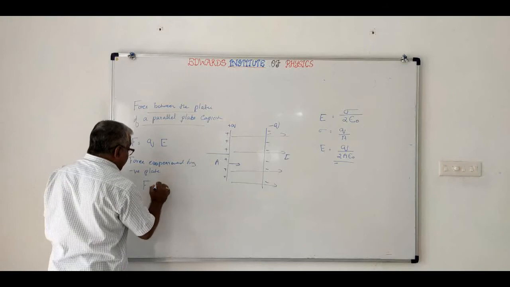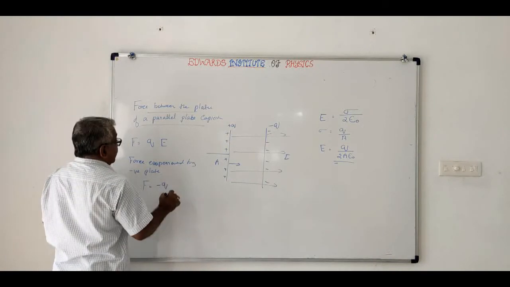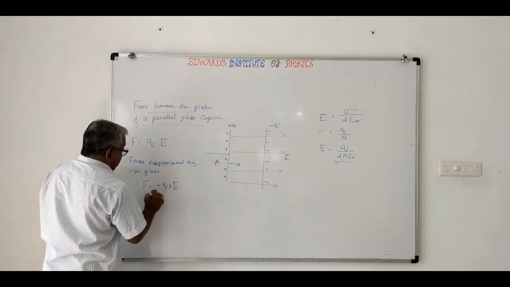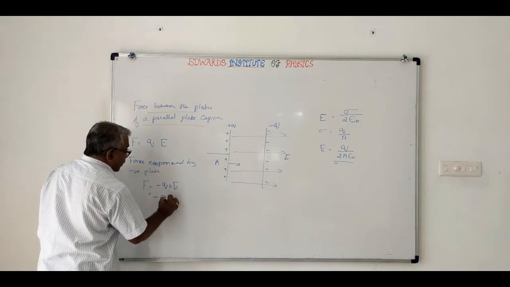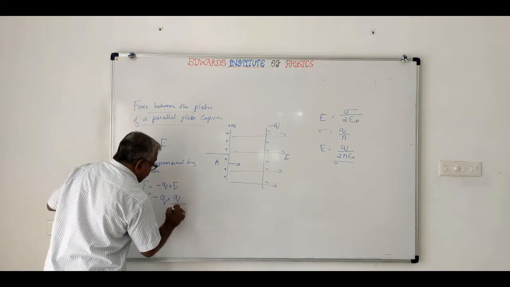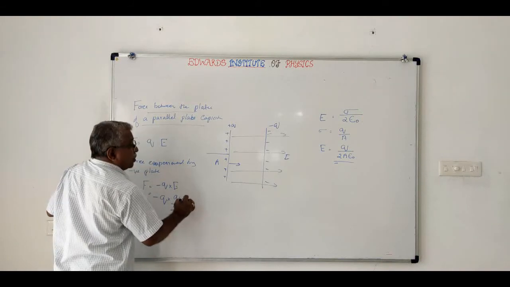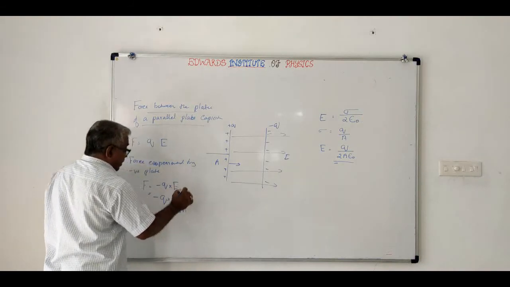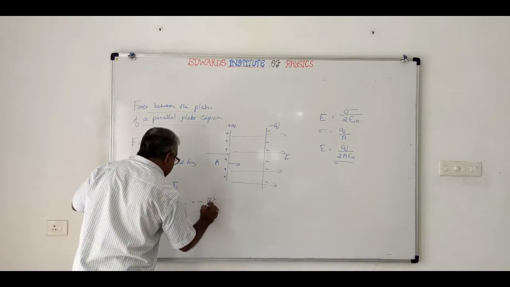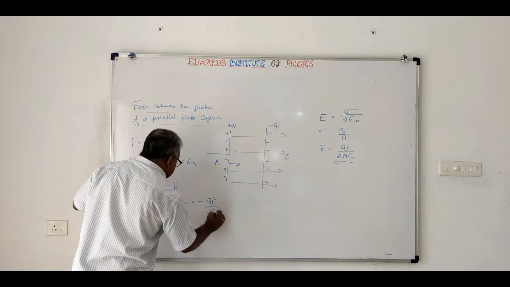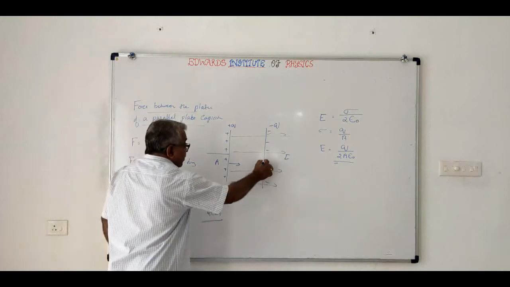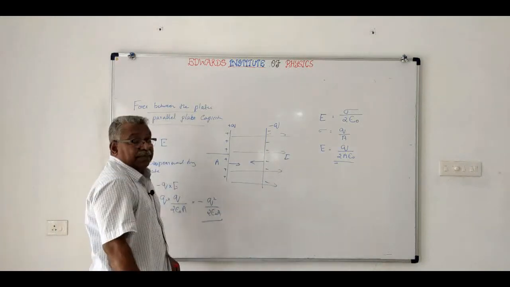Here, what is Q? It is minus Q, into what is E, that will be equal to minus Q into E, which is Q by 2 epsilon 0 A. So that will be equal to minus Q square by 2 epsilon 0 A. So this is the force experienced by this plate.